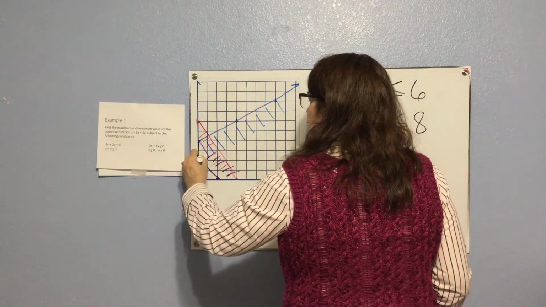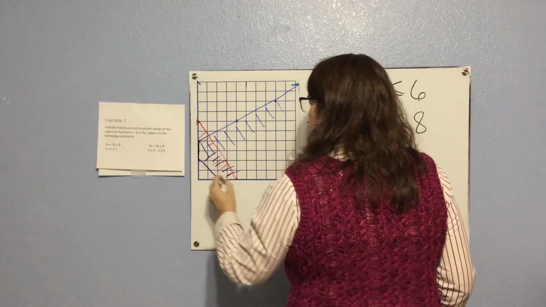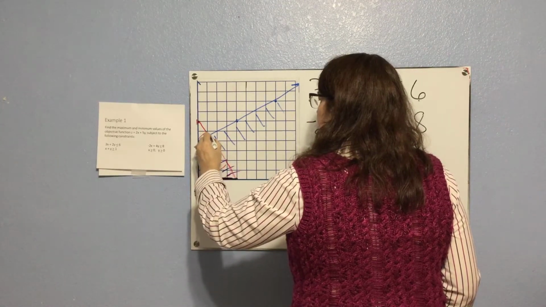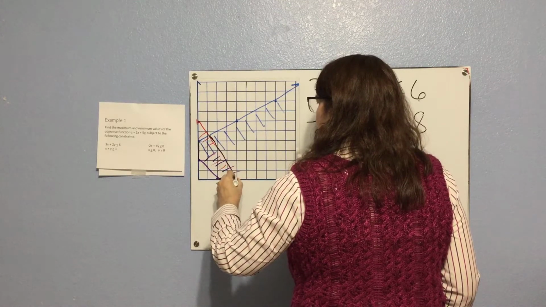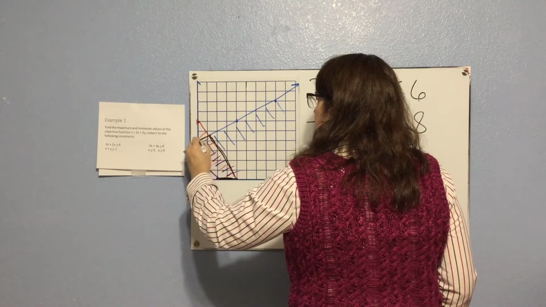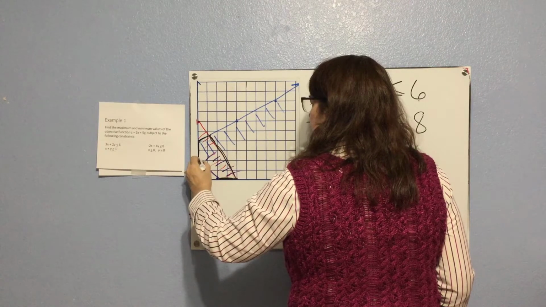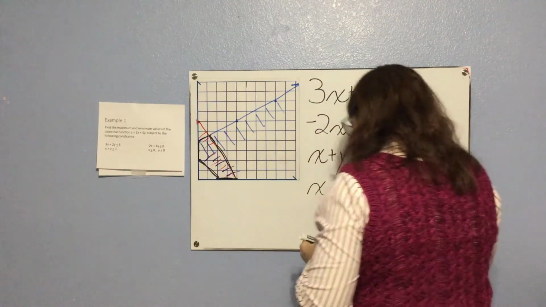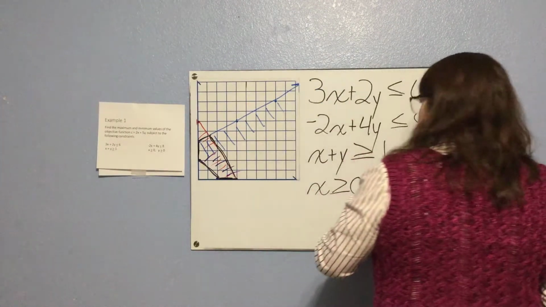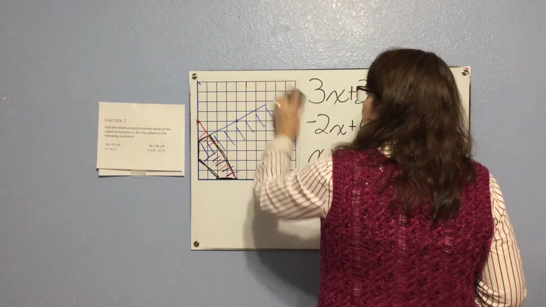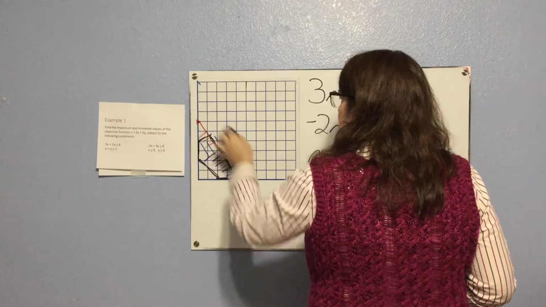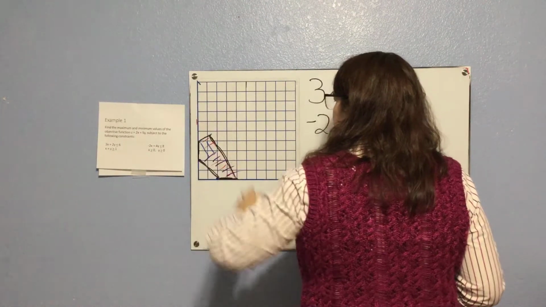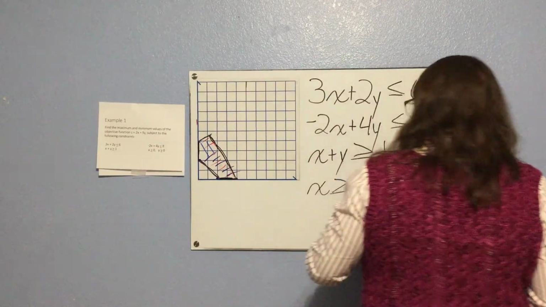I can see it's going to be on the y-axis here, x-axis here. Follow this red line and the blue line there and the purple. So that's the area of my feasible region. And I'm going to just erase the rest of this to make that a little more clear. That's my feasible region.